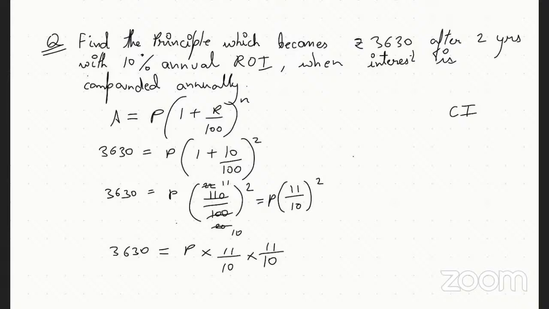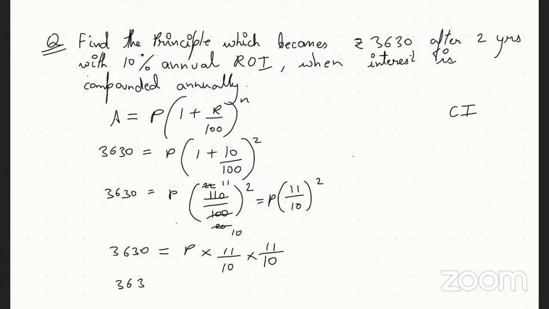That's what we usually do. Because P is a variable, we will first multiply 11 by 10 into 11 by 10. See if anything is getting cancelled. It's not getting cancelled. We cannot cancel anything across, so we will simply multiply 11 with 11 and 10 with 10. So what I will get? 121 by 100.